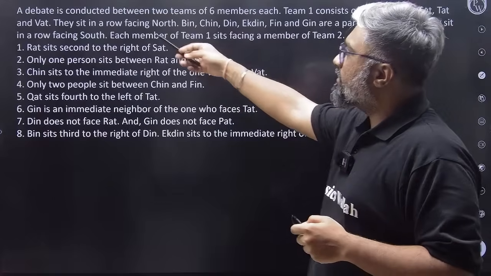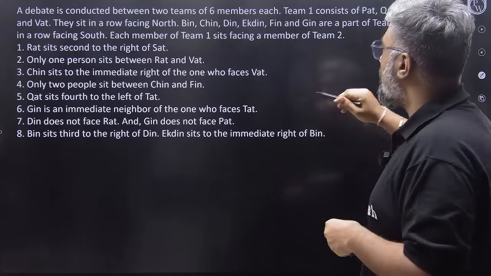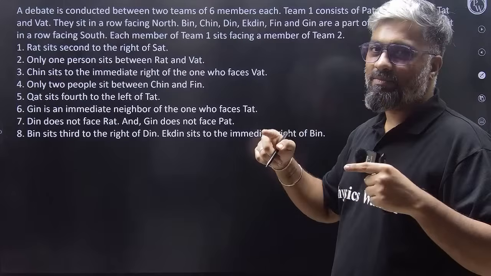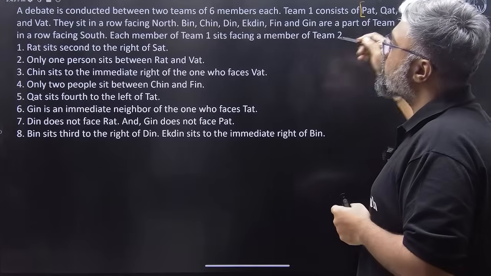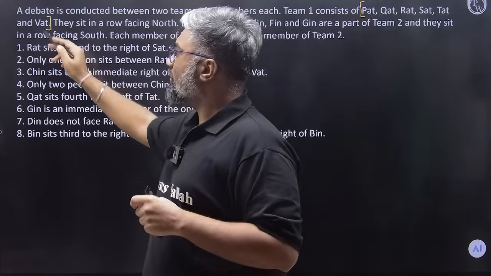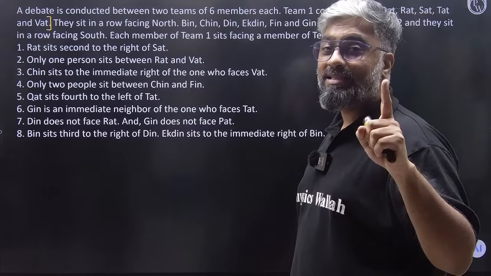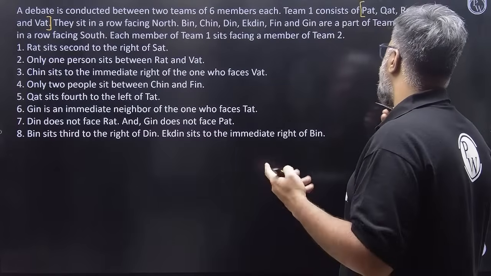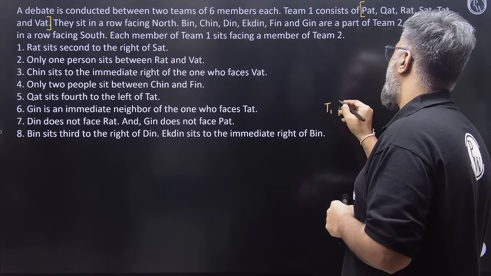Okay. So a debate is conducted between two teams of 6 members each. 6 members, right? Each. So 6 members, 6 members. Team 1 consists of these guys: P, Q, R, S, T, V. This is team 1. They sit in a row facing north. Okay. They're sitting in a row facing north. So let's say, for example, if this is team 1, they're all facing north.